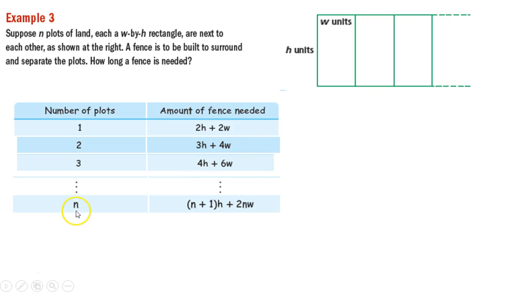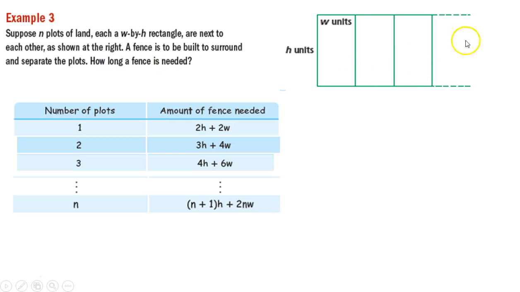So if there are n plots of land, however many plots there are, if we're going to have 15, 20, 30, 100, we're going to take the number of plots, add 1 to it, and multiply it by the height, or the h, and then add that to the number of plots times 2, because there will be 2 of those added for every n, and then multiply that by however long W is, and this will be the perimeter of the fence, or how much of a fence is needed.